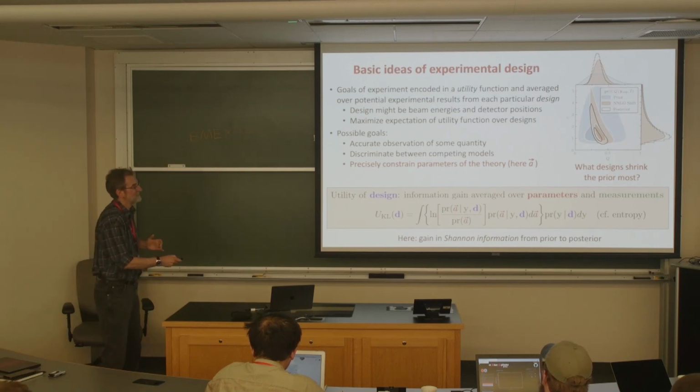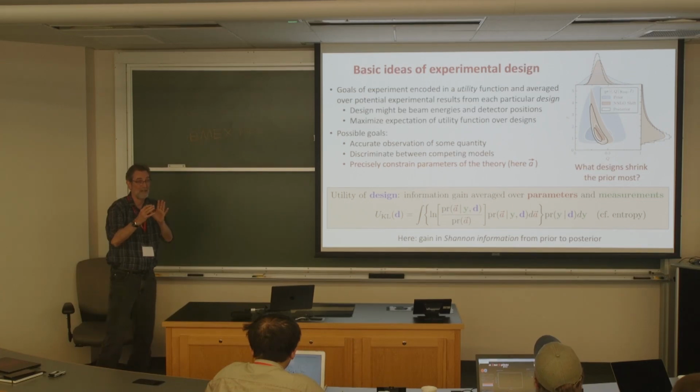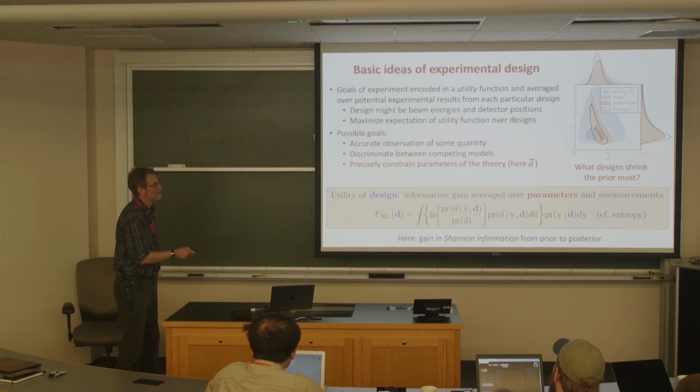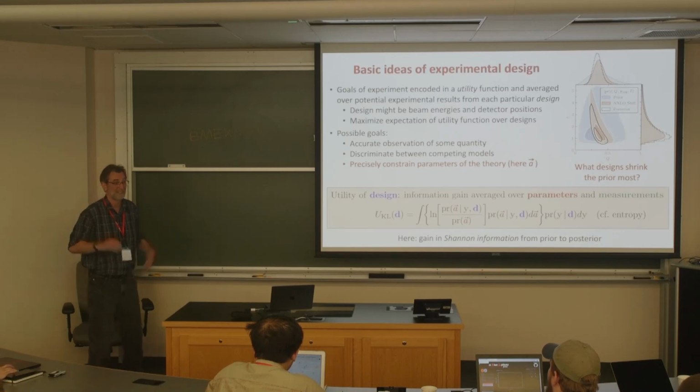So you notice the area of this, or if it's in more dimensions, the volume or the hypervolume of this has shrunk. Okay? We know the answer better. In this case, two quantities that don't matter what they are for this case. So the idea, qualitatively at least, is how are we going to design our experiment to shrink the posterior for the quantities we're looking for as much as possible.